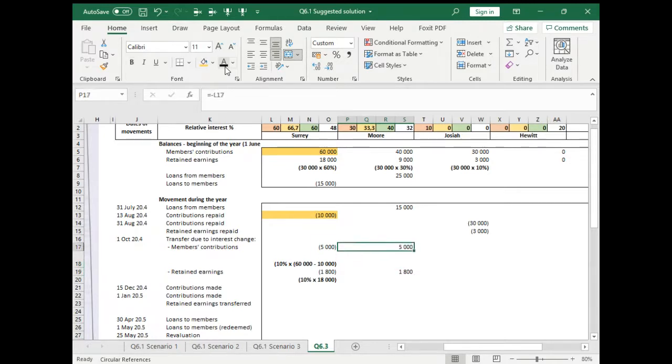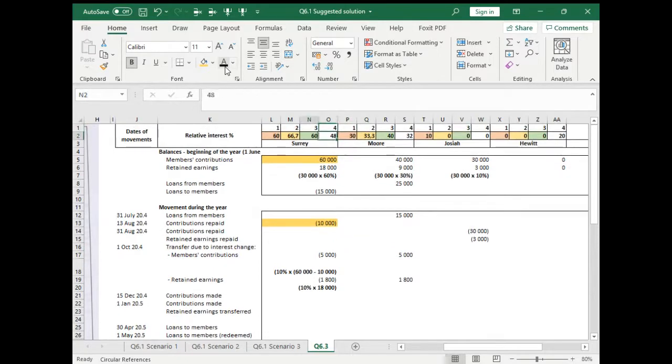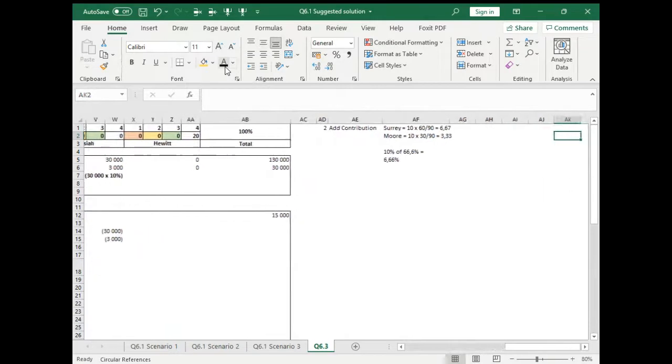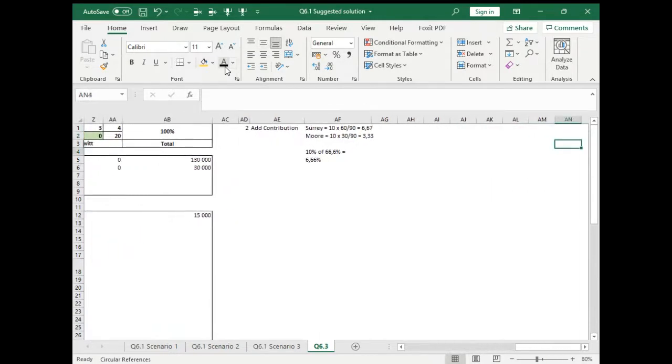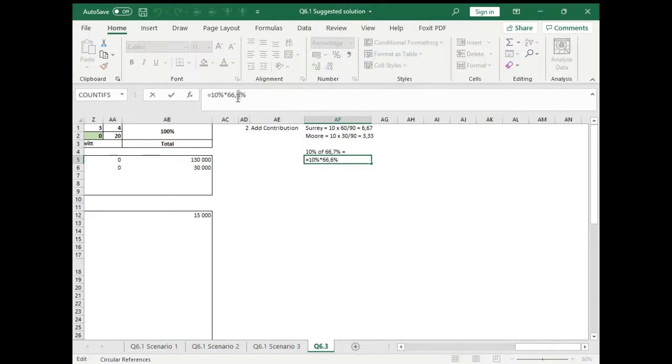Okay, but now how do we get to the 60 and 40% here at the top? Now let me quickly show you on the right hand side. So we say 10% of 66.67, okay? If we multiply that with 10%, so we have 10% of that amount, then we get to 6.67, which is what it's going to be reduced by.